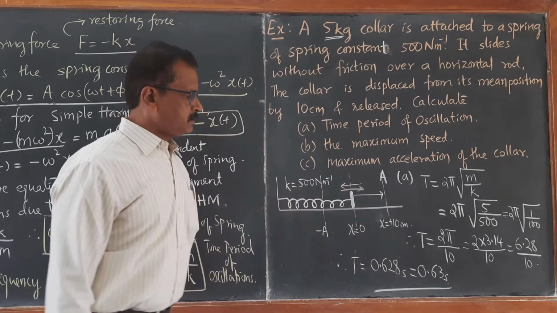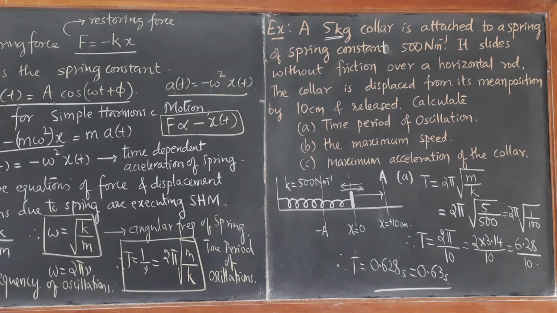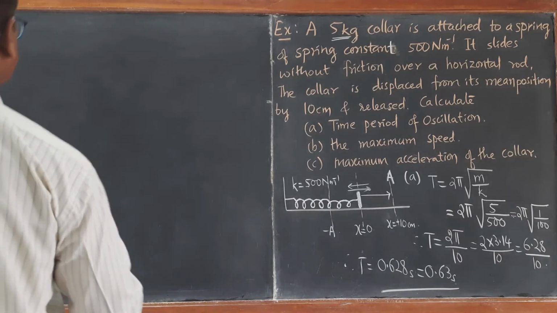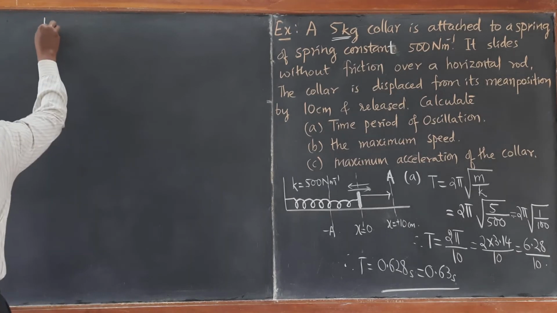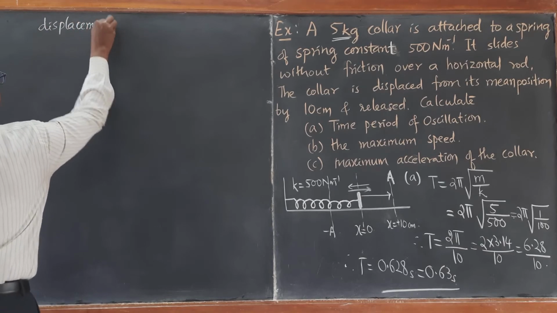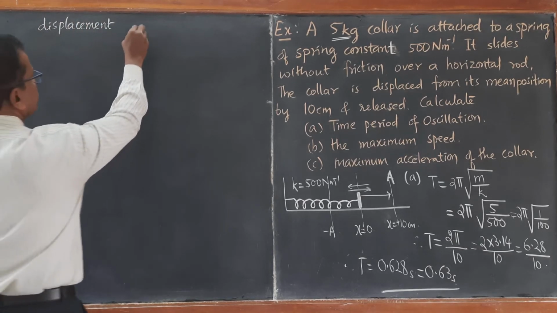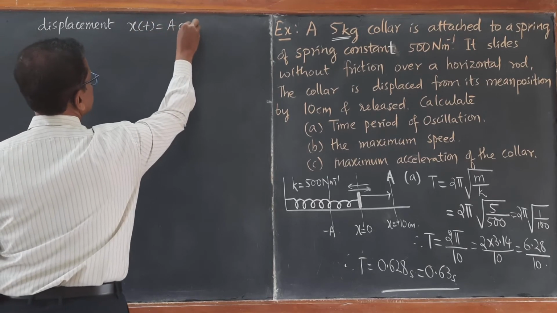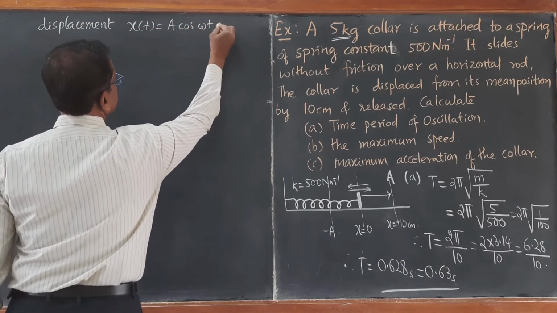We'll write the equation for speed. We know that the displacement of the oscillating spring x as a function of time t is equal to A cos(omega t plus phi).